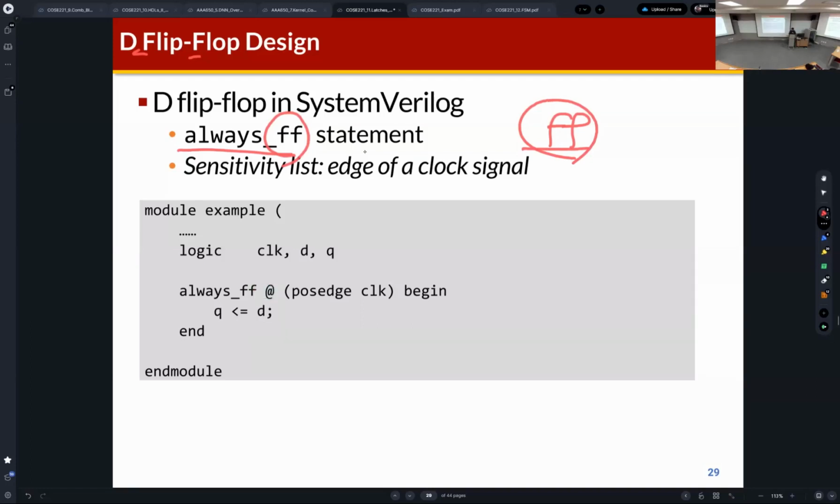This is the sensitivity list of always statements.